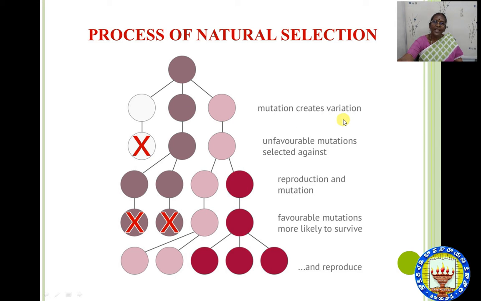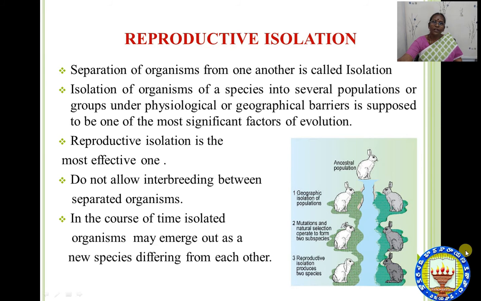So mutation creates variation, and in the first generation the unfavorable mutation is not selected, the other two mutations are selected, and in one of them also in the second generation the mutations are not selected, and in the remaining one where natural selection favors the mutations, they are selected and carried to the next generations, and by reproduction they enter into the next generations.